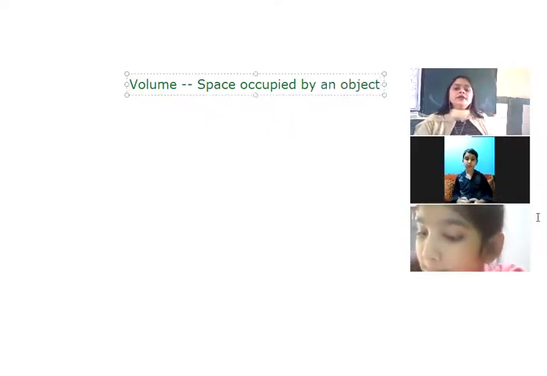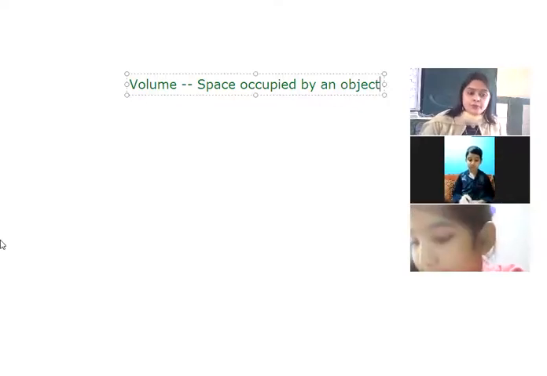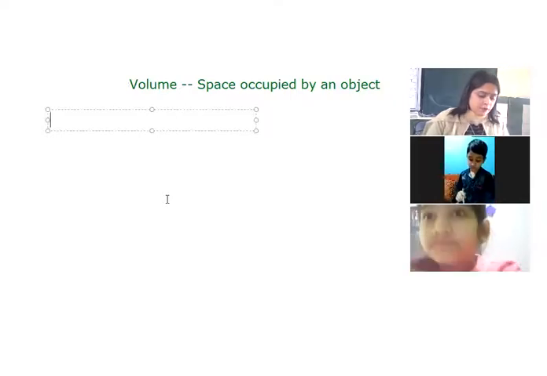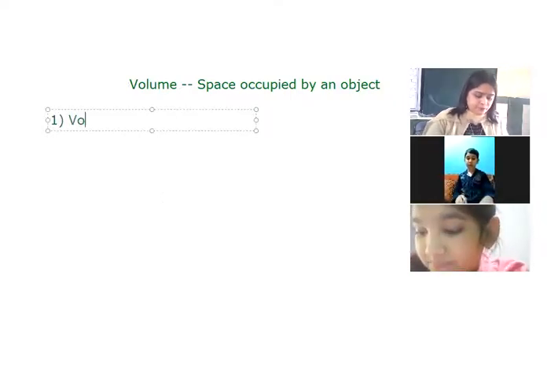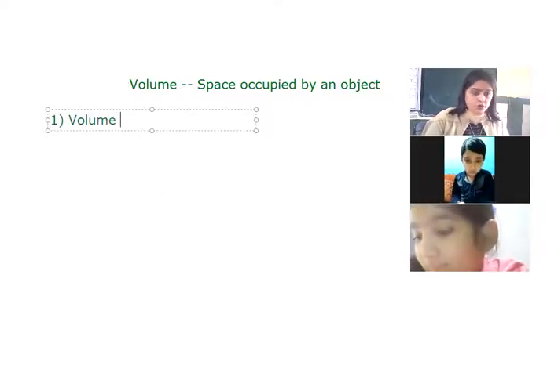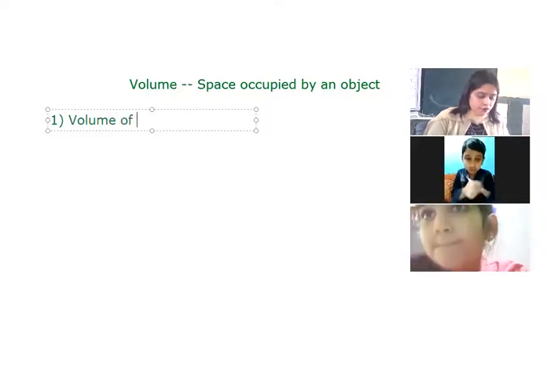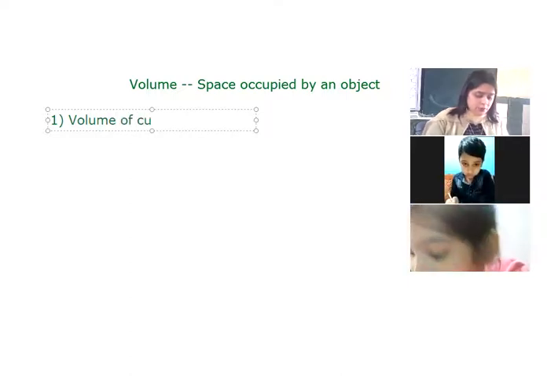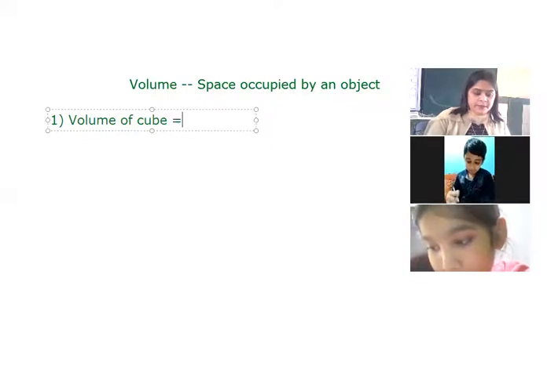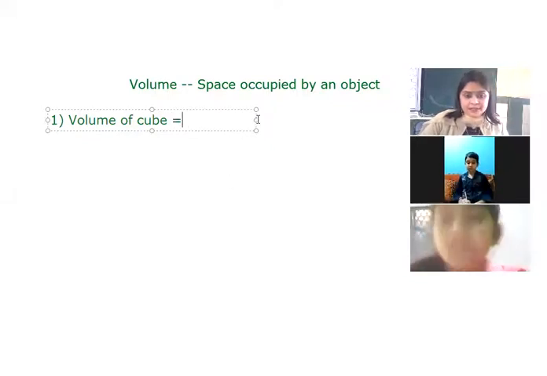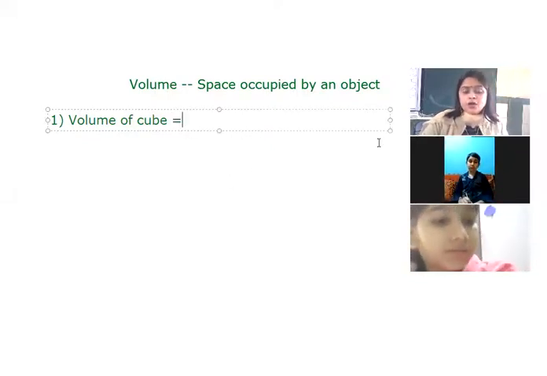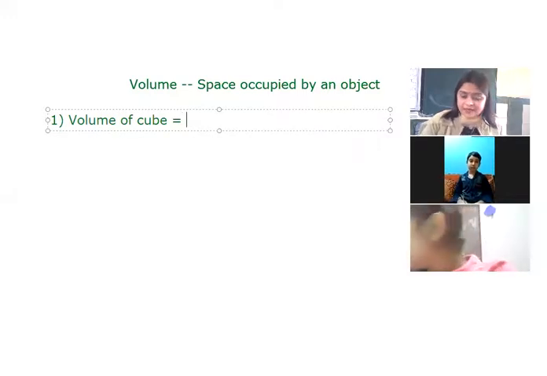Okay. So here we are discussing the volume related to the cube and the volume related to the cuboid. So here the first one is volume of cube. Beta, as we already know, all the dimensions of the cube are definitely the same. Yes or no?